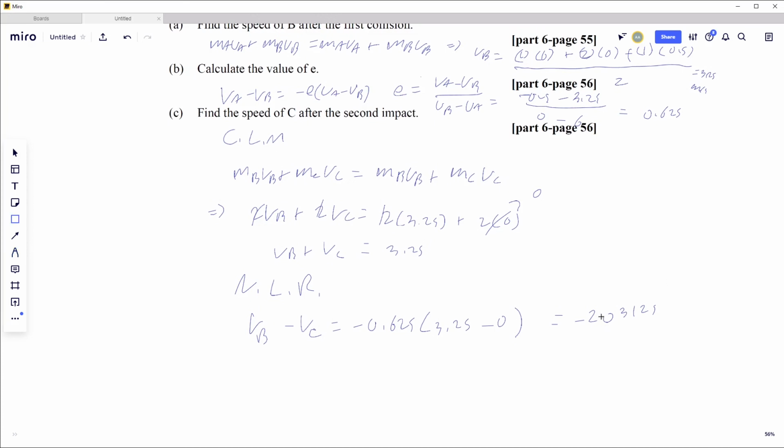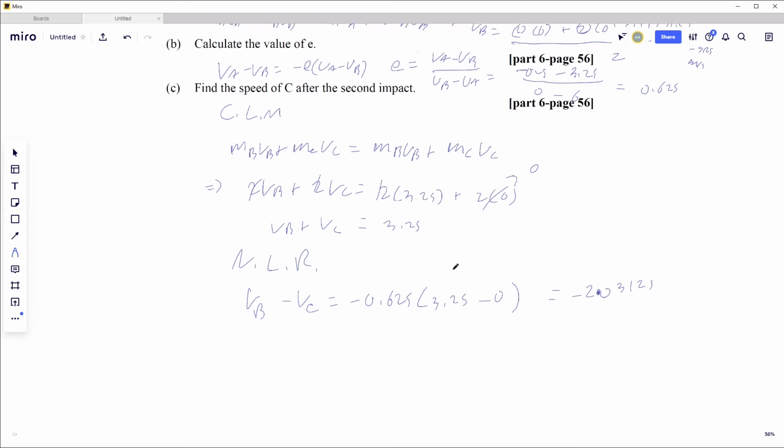It's rational, it stops here. Anyways, just add them up, so they will cancel. It'll be 2 VB. These two will cancel if you add them up, and then just add these two up. So it's minus 2.03125 plus 3.25.